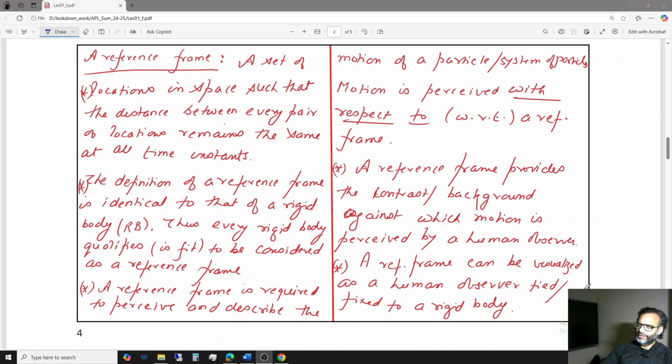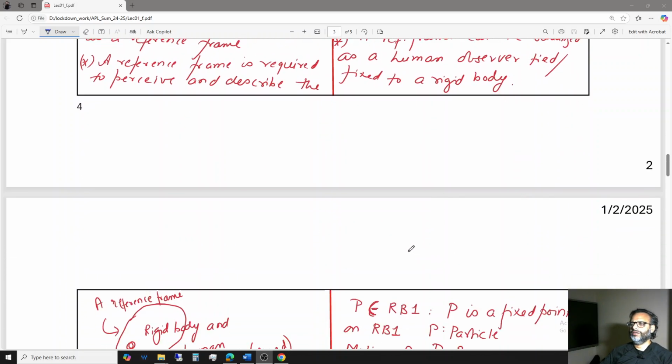So Earth deemed as a rigid body and you as a human observer firmly tied to it make the reference frame, and with respect to that reference frame, motion of particles or a system of particles can be observed.